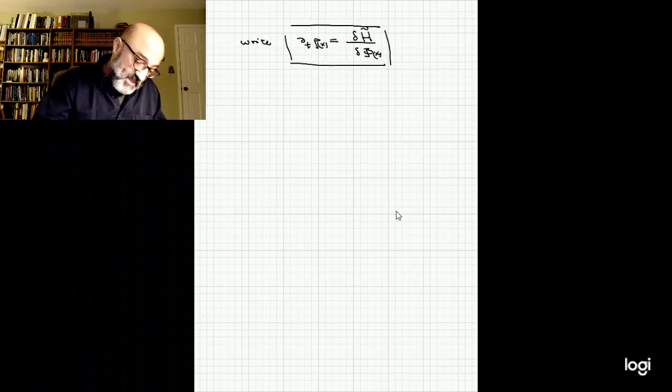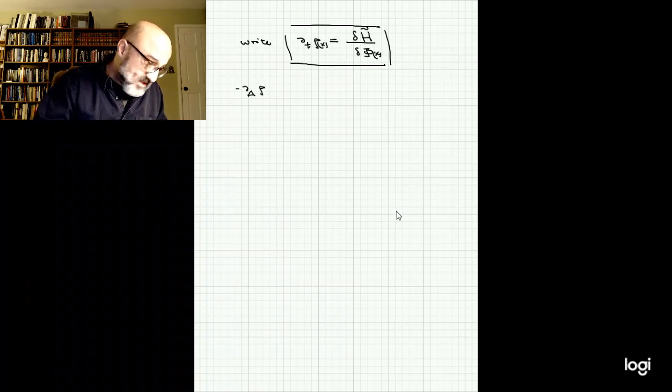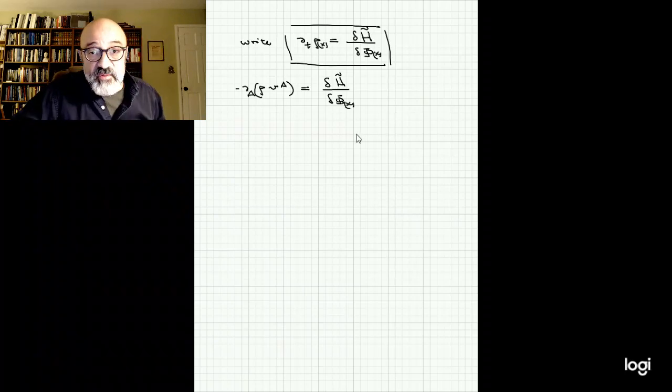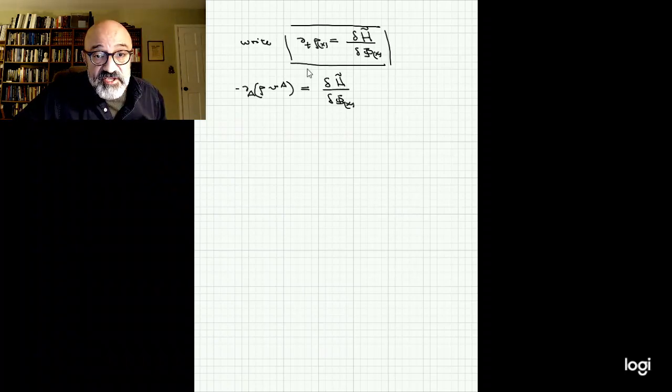And we said something like, look, what we have here is minus the divergence of rho, and then here I'm going to write the v^a, which includes the phi, the capital phi. This is the equation we want to solve to find what the appropriate H tilde is.